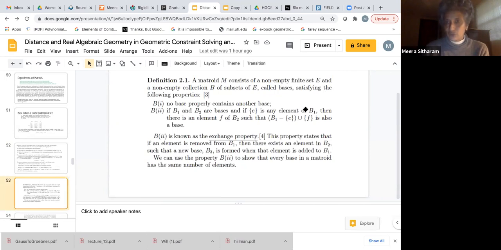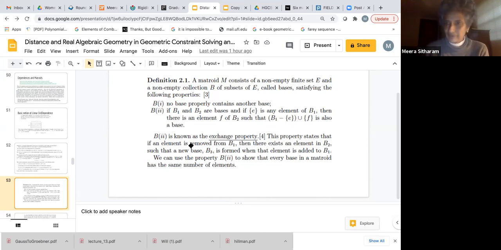If you have two bases, you should be able to drop one element from one basis, so it's one smaller in size. You should be able to find something in the other basis that you can add to it and also get a base. This is also called the exchange property. So these are the two basic axioms that define one possible set of basic axioms for a matroid.